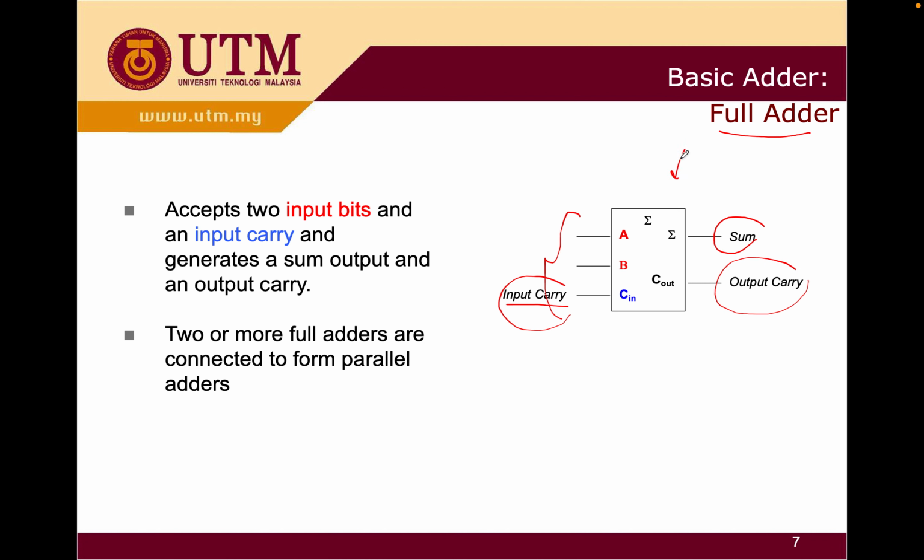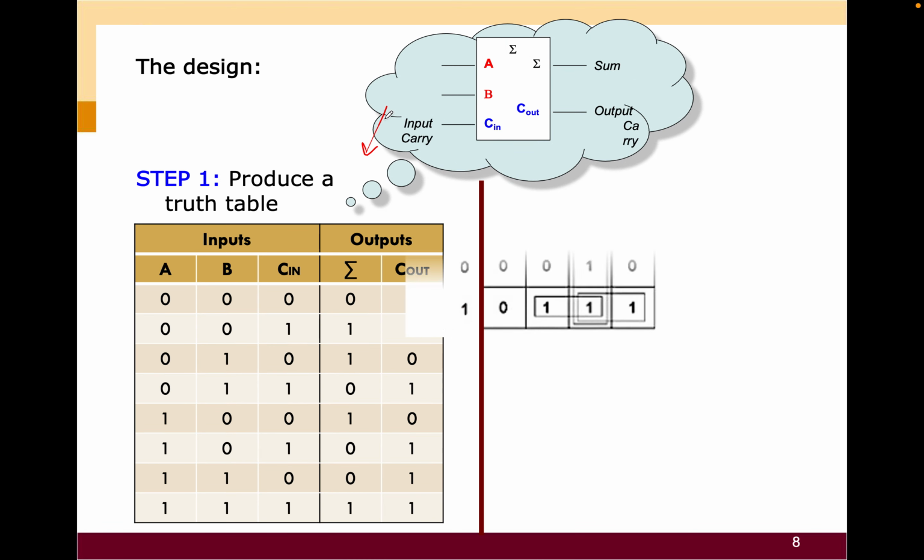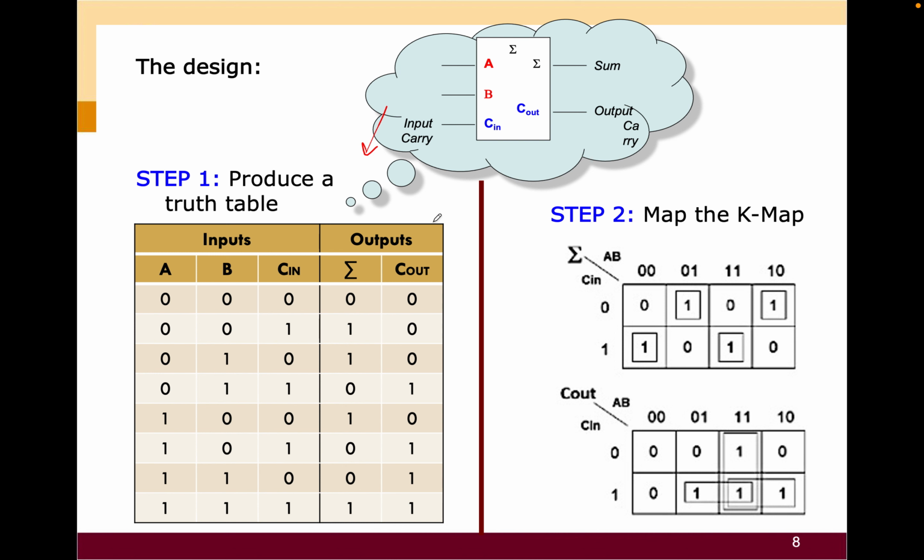This is only the block diagram here, but in terms of the circuit, how does it look like? Before we go for the circuit, we need to know the truth table. Okay, so from the truth table, we can come out with our K-map to get the simplified version.